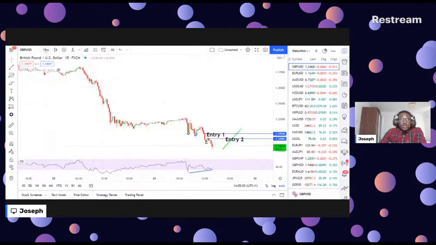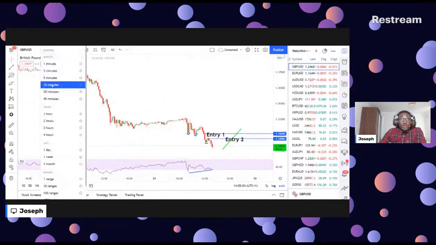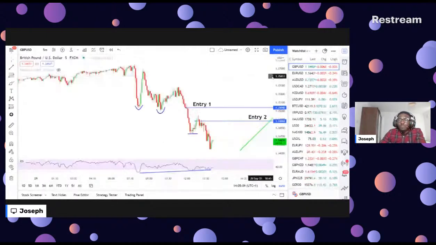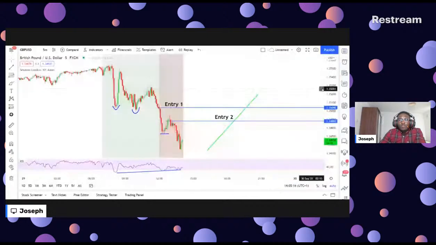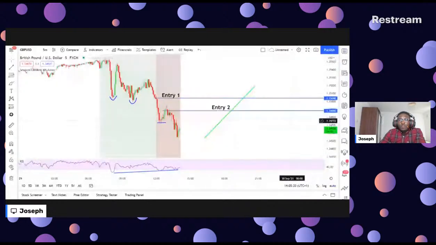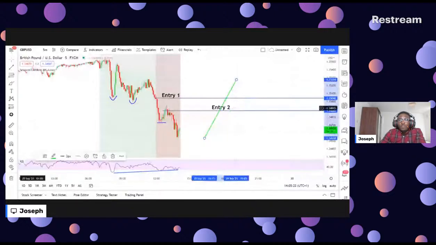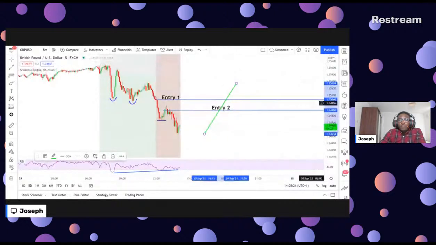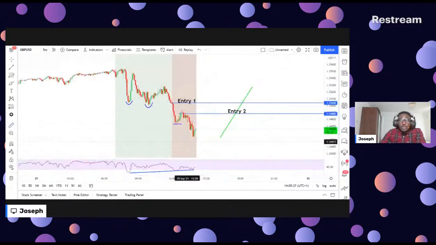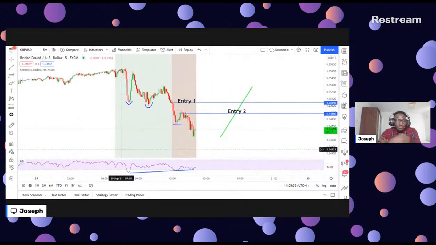Anyway, back to our chart. So we can expect the dollar to be bullish in the next coming weeks or months.